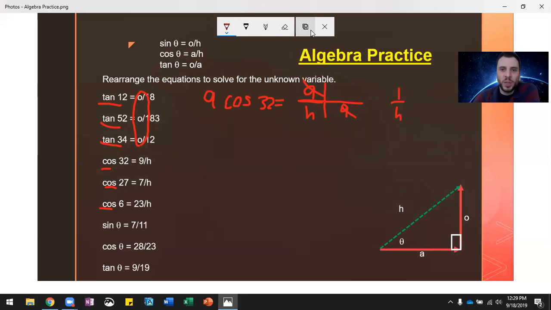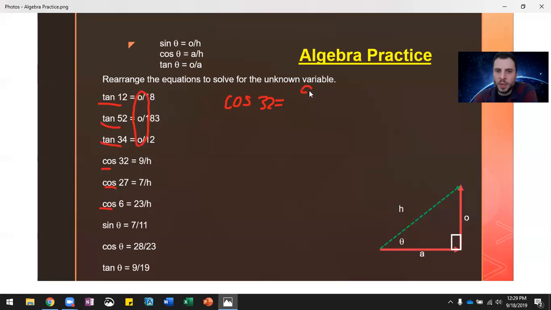So what we can actually do takes a little bit longer, but it's going to be a little bit easier. So the cosine of 32 equals 9 over the hypotenuse. We want to get the hypotenuse by itself. So let's move the hypotenuse over.